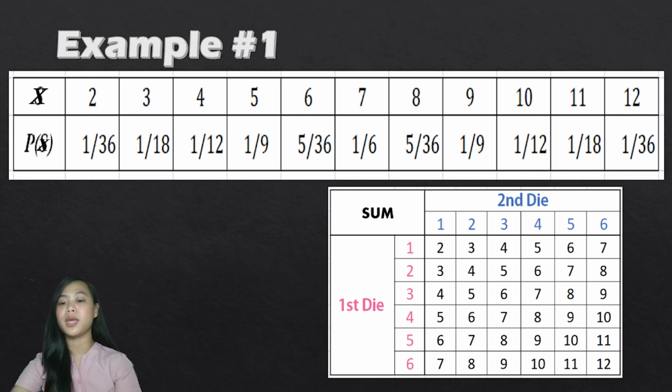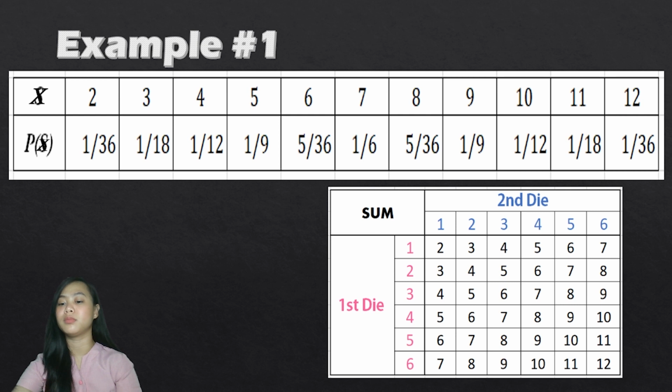For 6, we have 1, 2, 3, 4, 5. So the sum 6 occurs 5 times, so we have 5 over 36. For 7, we have 1, 2, 3, 4, 5, 6. So 6 over 36, which is 1 over 6. For 8, it's the same as 6.